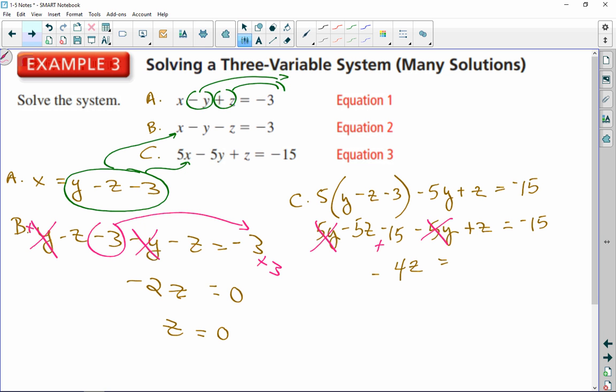Gonna add 15, right? Okay, now what do you notice? Z still equals 0, right? Well, what does this mean? It still equals 0, even if I put in the other one.